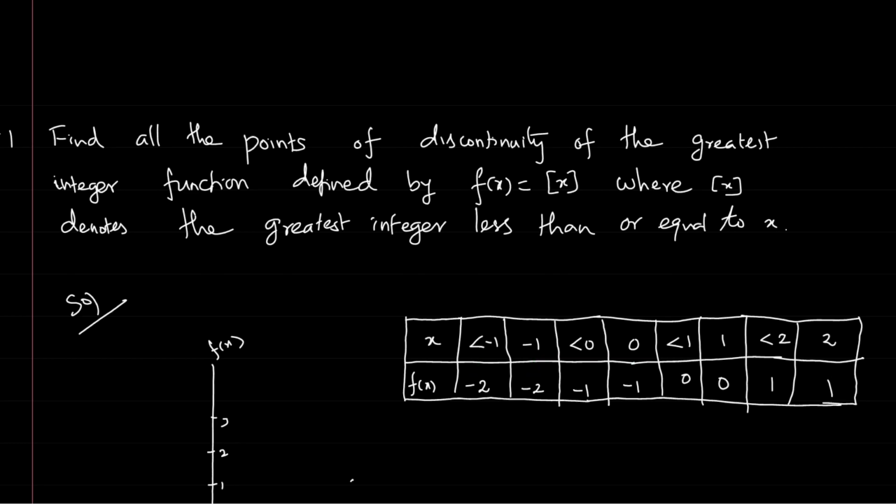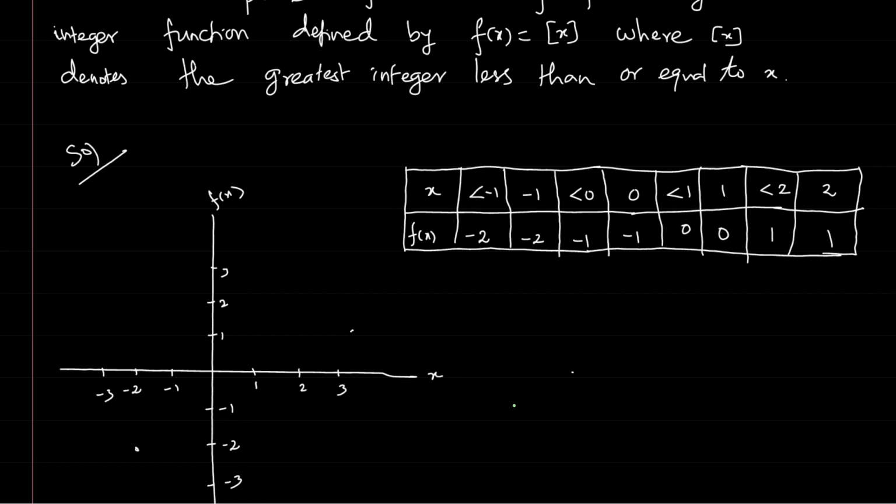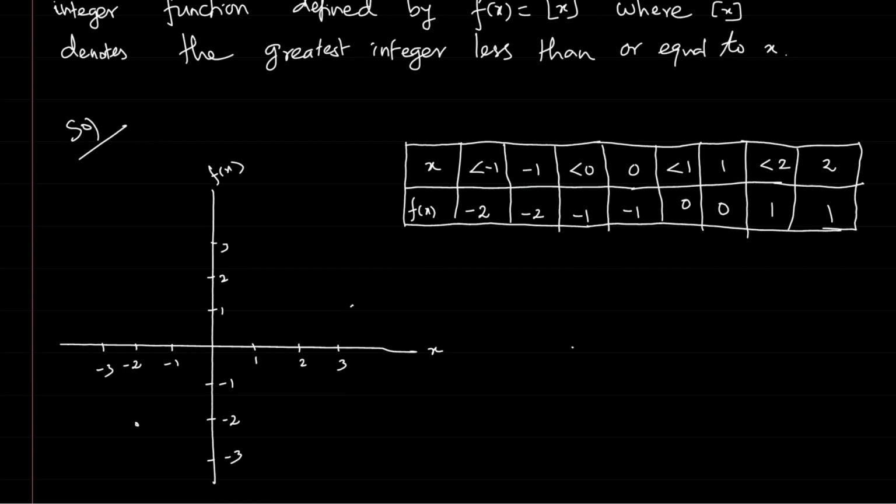So we are going to plot the function. Let me take x is equal to minus 1. This is the point. What about the function value? The function value is minus 1.